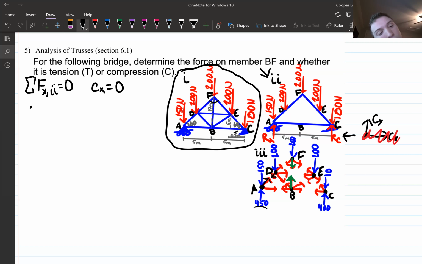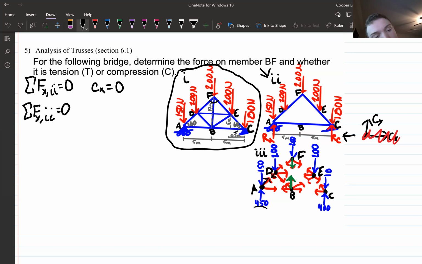So now we're going to start solving for our R sub A and R sub C. That brings me to sigma F of Y, II, equals 0. What I'm going to do first is list our positive values.